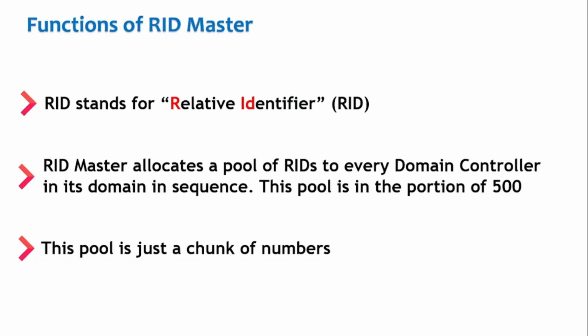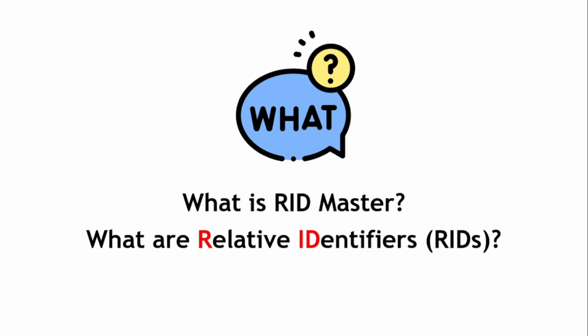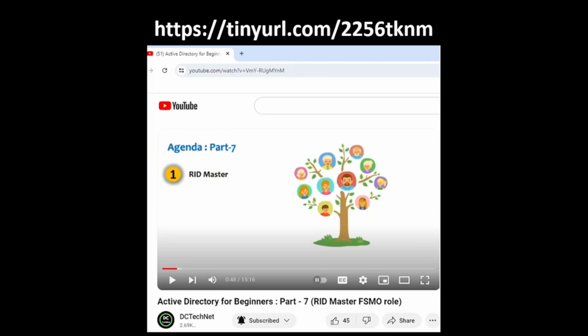So again, functions of RID master: it's relative identifier, and RID masters allocate a pool of RIDs. If you want to know more about RID master and relative identifier, we have an exclusive video on RID master. So I will highly recommend you to watch this video in complete.